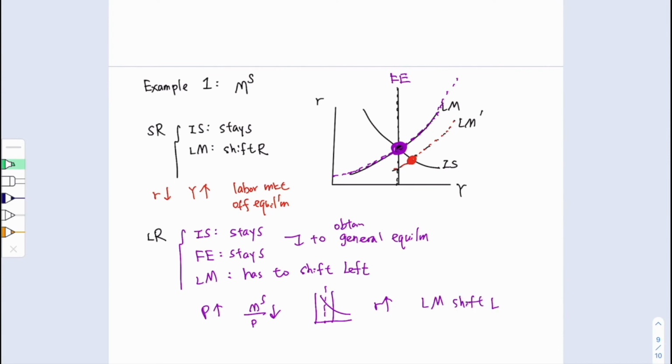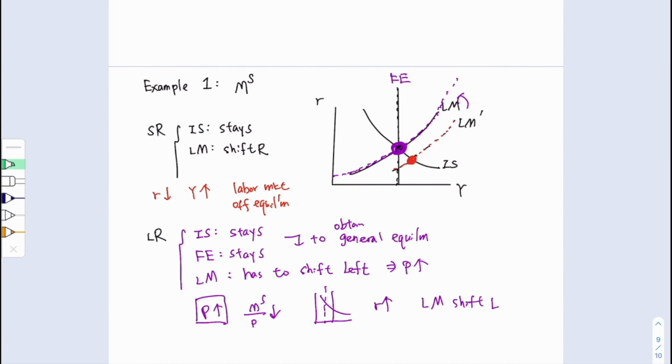So when there is an increase in the money supply, because the LM curve needs to shift to the left, the price has to increase. Because of the price increase, the LM curve goes back from the red to the purple, which was the original position.